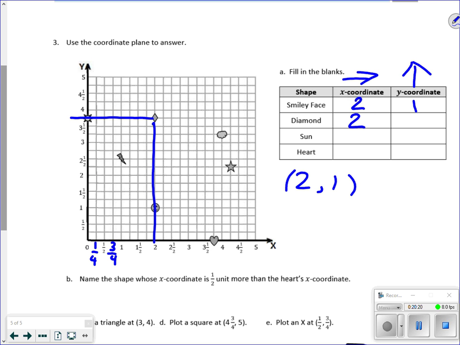So we had the 1, 2, 3, 4 sections. This is 1/4, 2/4, 3/4. But I got my whole number 3. So it's 3 and 3/4. So the diamond is located at 3 and 3/4 on the y. If you have no numbers right there, then you have to figure out what that number is.